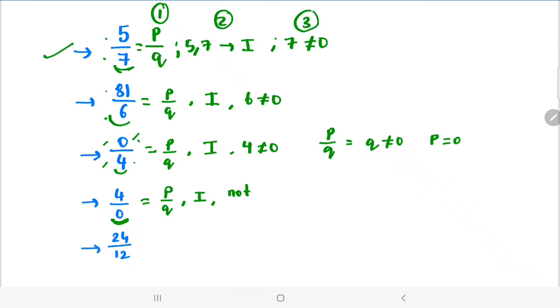So this is a rational number. This is a rational number. 0 by 4 is also a rational number. This is not a rational number. Coming to the fifth problem, 24 by 12 can be written in the form of p by q. Here both 24 and 12 are integers, and the denominator is not equal to 0. So this is also a rational number.